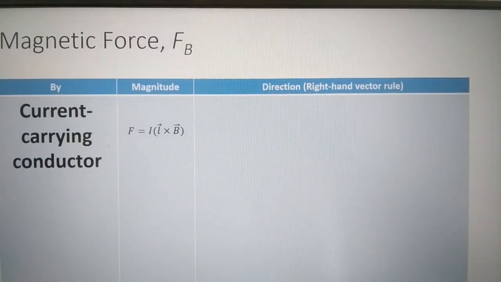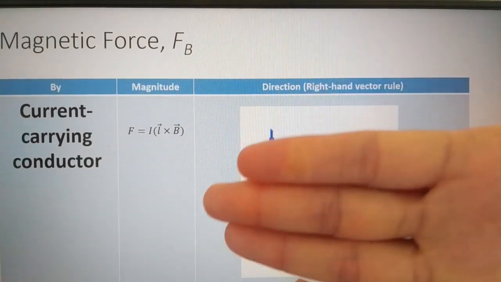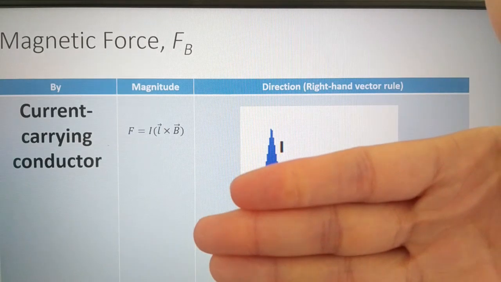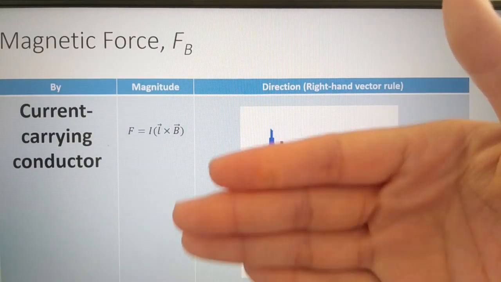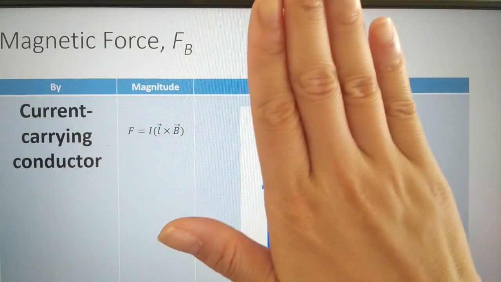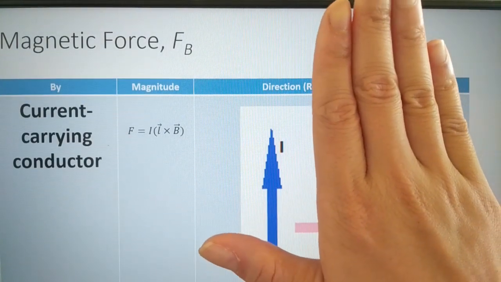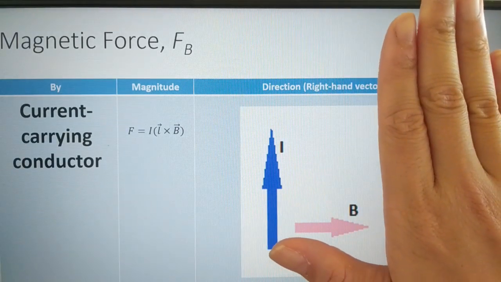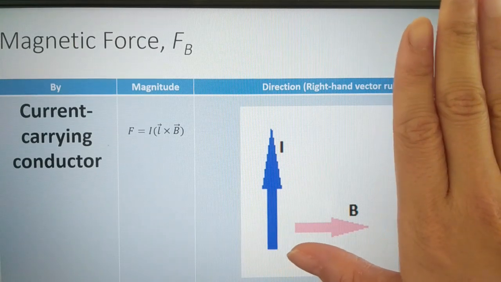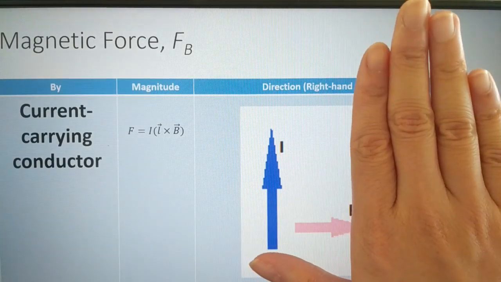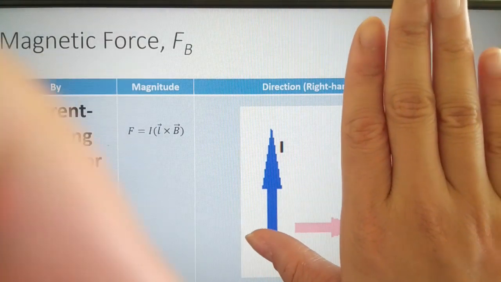Next, what about this? Right hand. My 4 fingers point in the direction of I, which is upward. Then cross B. Where is my B? My B is to the right. So how do I point it to the right?